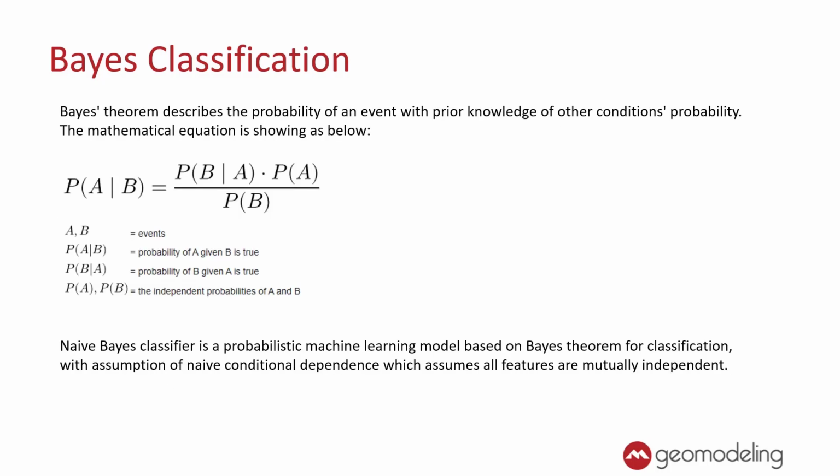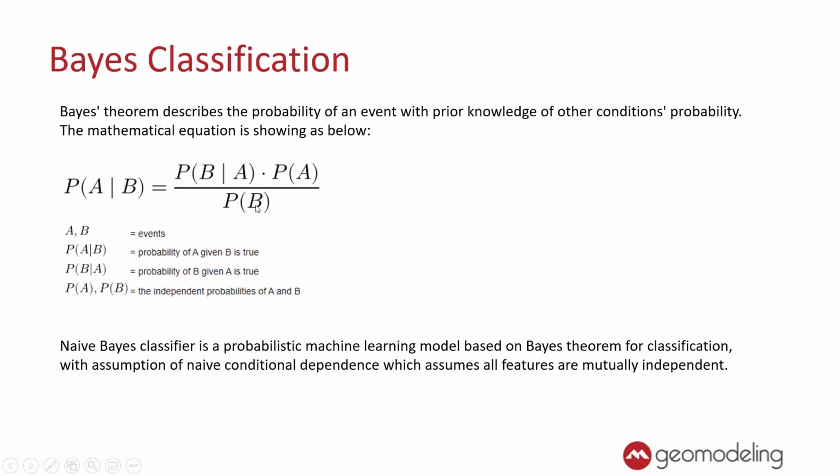Bayes' theorem describes the probability of an event with prior knowledge of other conditions' probability. The mathematical equation is shown as this. It's a framework that converts our prior experience to posterior distribution. In our case, for example, if A represents a facies, then P(A) is the probability of the facies.